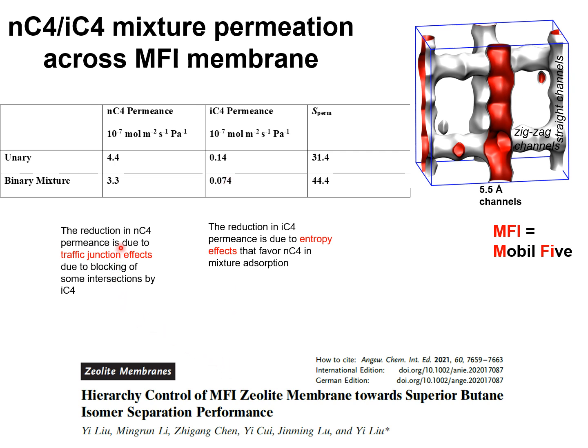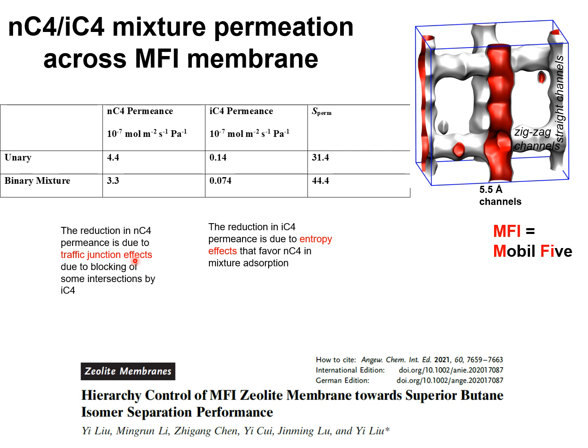Quite interesting to note that the permeance of NC4 in the mixture is lower than the unary permeance. The permeance of IC4 in the mixture is also lower than the unary permeance. And the permeation selectivity for the mixture is higher than the ideal separation factor for unary permeation.